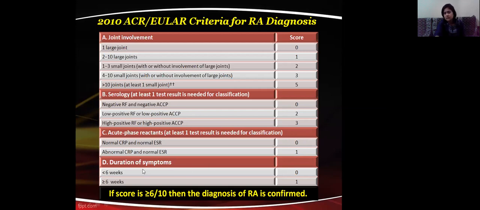If the duration of symptoms is less than 6 weeks, the person will get 0 score, and if it is more than or equal to 6 weeks, the person will get score 1. So this is a total score of 10. Out of this 10, if the person gets more than or equal to 6 score, the diagnosis of rheumatoid arthritis is confirmed.